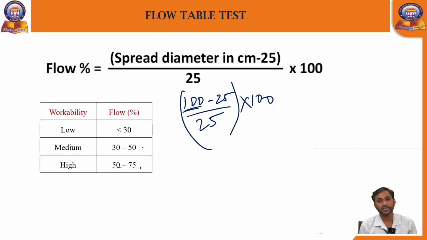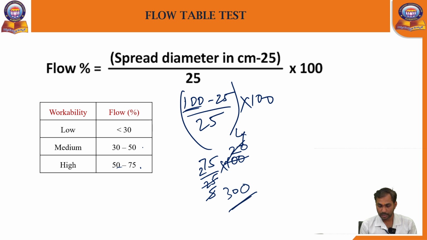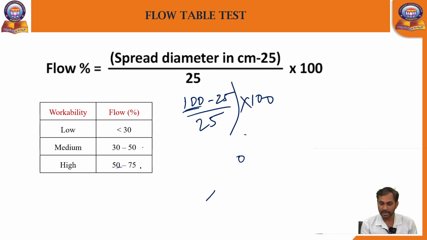So 100 minus 25 is 75, by 25, into 100, which gives 300. So it is more than high workable nature. Okay, done.